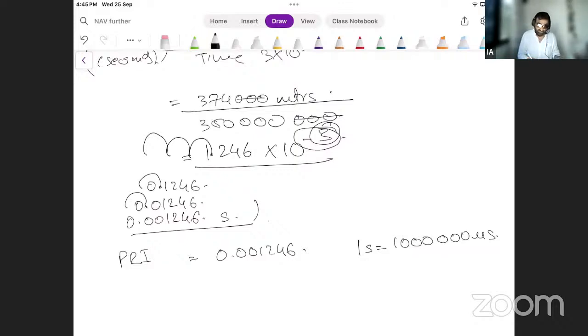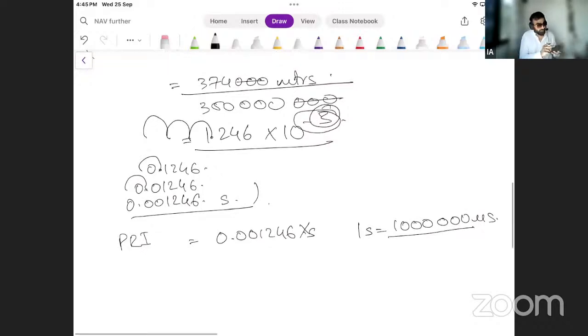So if this is my value for seconds, if I have to convert this into microseconds, I'll just multiply this by this value. So what do I get? I'll just put this 0.001246 multiplied by 1,000,000 is equal to, what do I get? I get my answer as 1246 microseconds.